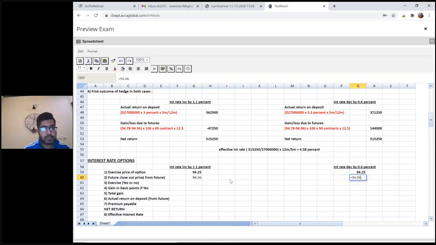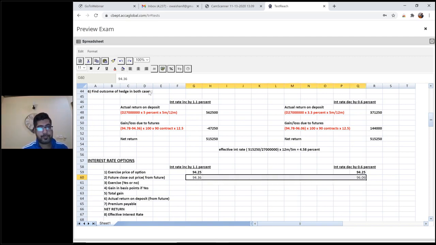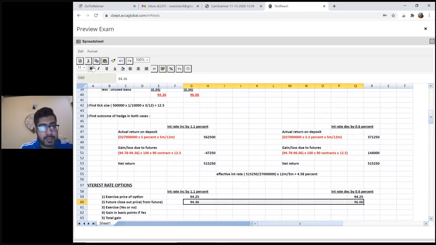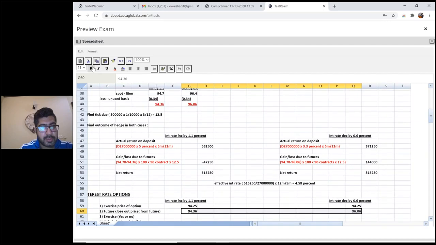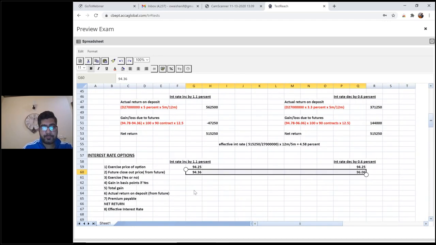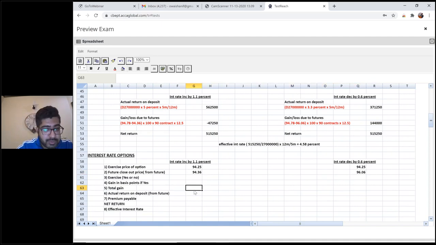Do you remember the future closeout price from futures? We just computed in step 4, 94.36 in increase and 96.06 in decrease. So you got exercise price of option 94.25. I'm using the first exercise price. Future closeout price from futures is 94.36, 96.06.